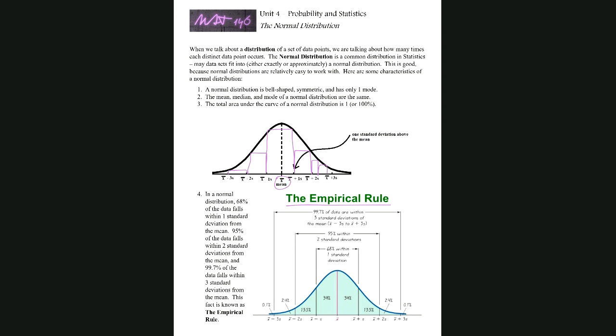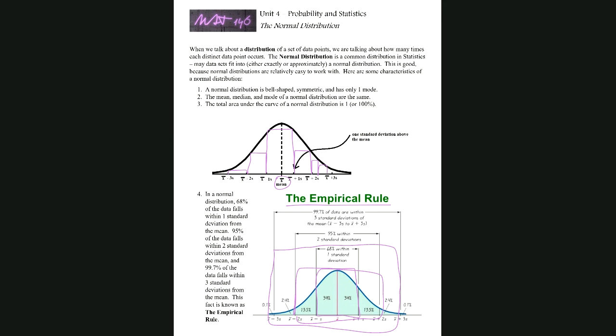In a normal distribution, 68% of the data falls within one standard deviation of the mean, so over half the data will fall in this area. 95% of the data falls within 2 standard deviations from the mean, and almost all the data, 99.7%, falls within 3 standard deviations of the mean.